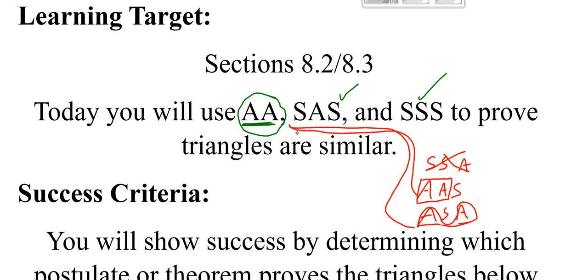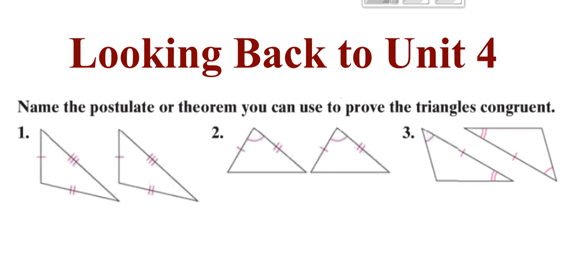All right, let's go ahead and look at the theorems that we use to prove triangles congruent. In the first example, we had side, side, side, so by side-side-side, we were able to say the triangles were congruent.